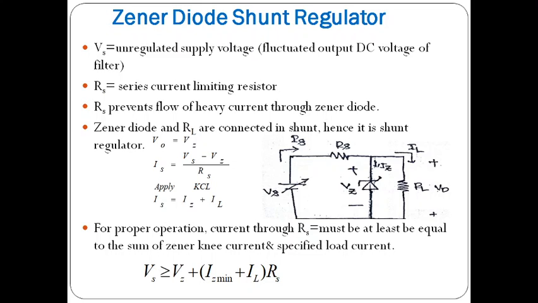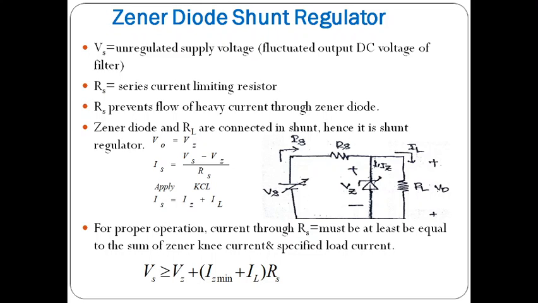You can observe the anode of the zener diode is connected to the negative terminal of the battery, and the cathode is connected to the positive terminal, so it is in reverse bias. With the zener diode in reverse bias, a small amount of current will flow before the breakdown. That current is called the zener knee current, or Iz minimum.